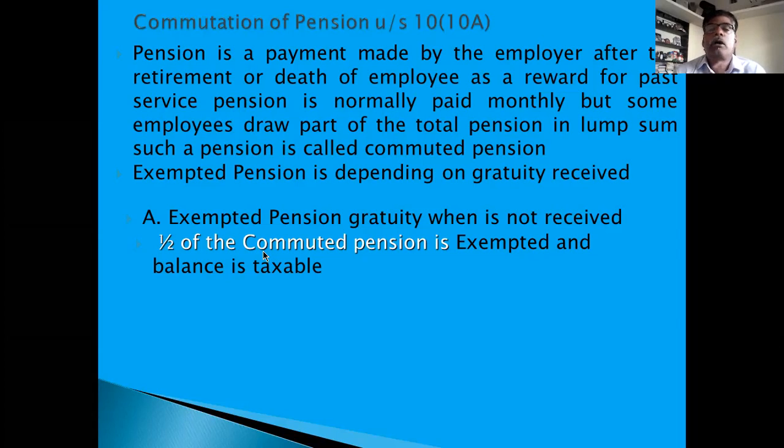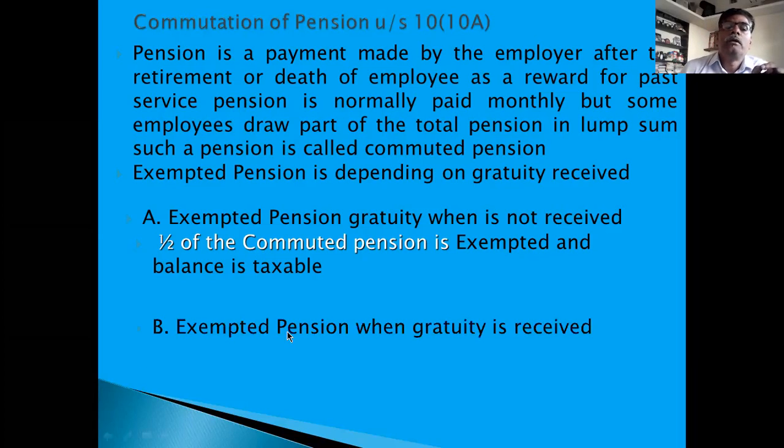Half of the commuted pension is an allowable deduction in case gratuity is received, and if gratuity is not received by the employee, then 1/3 of the commuted pension is exempted from tax. This is the point you remember, only two sentences. The remaining part is taxable.